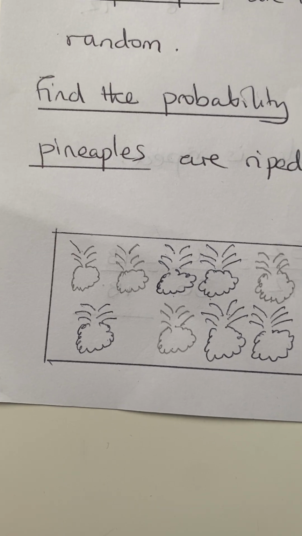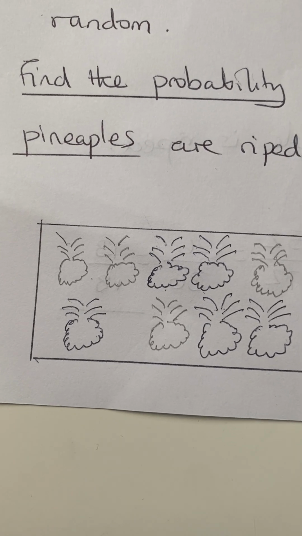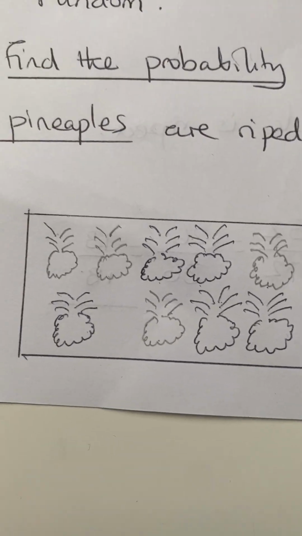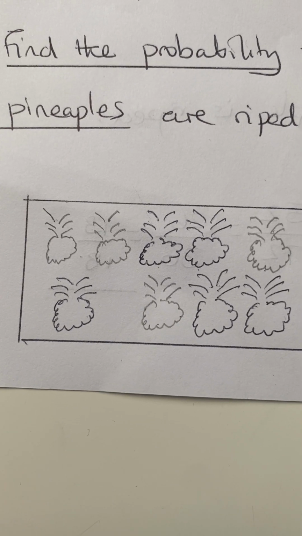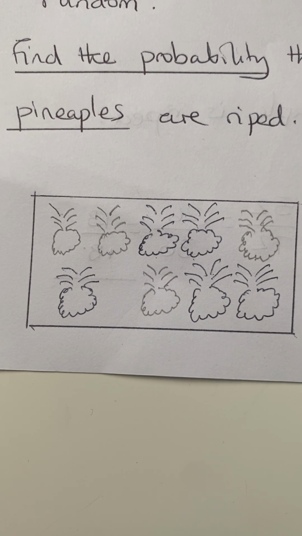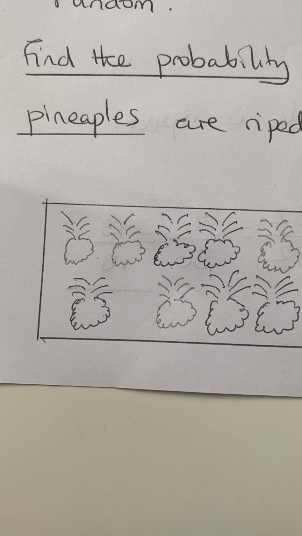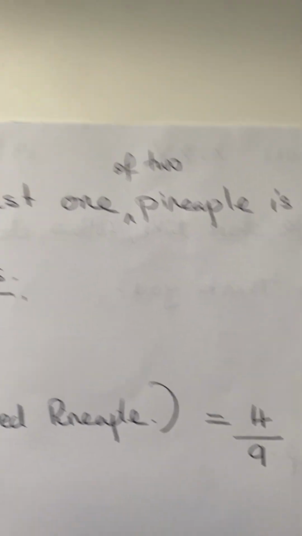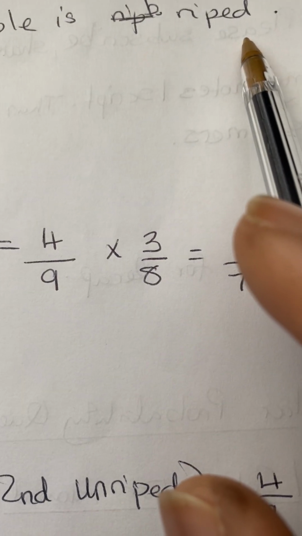So now you want to select 2 pineapples, and at least one of them is a ripe one. It looks similar to the questions we've seen in the past few videos. So at least one of the pineapples is ripe.